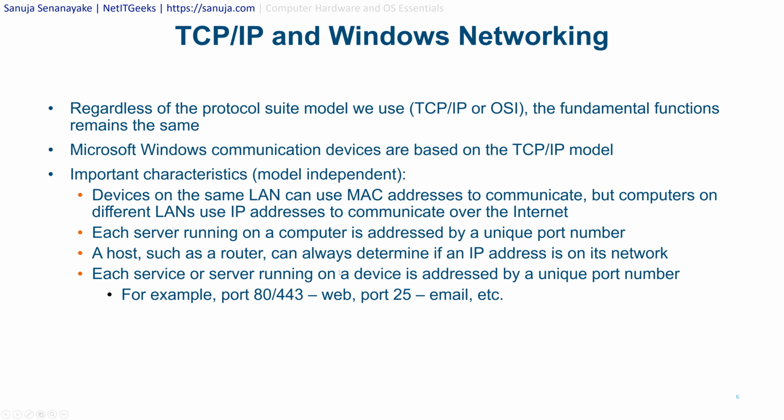A host such as a router can always determine if an IP address is on its network. How does it know that? Because it has something called a subnet mask, and using the subnet mask as well as the IP address itself with different octets in there, it can determine whether the IP address is an internal IP address or an external IP address.